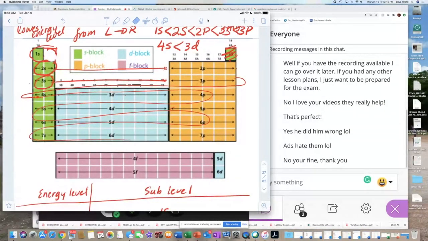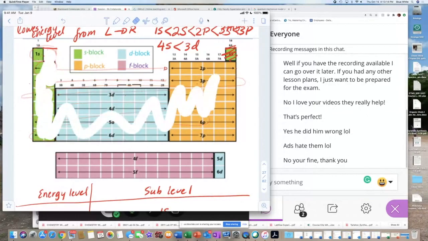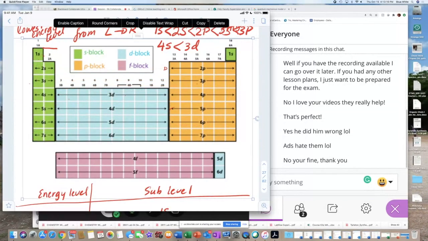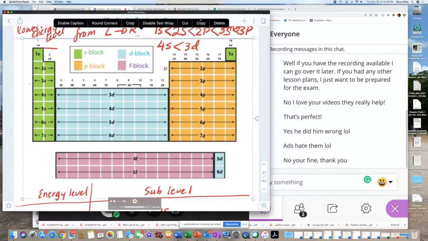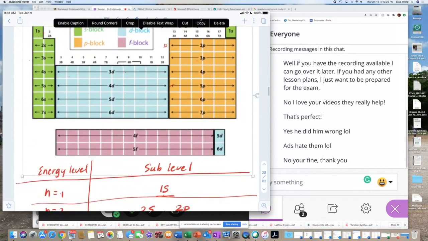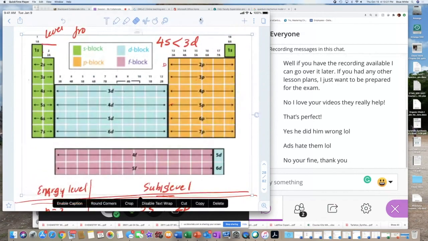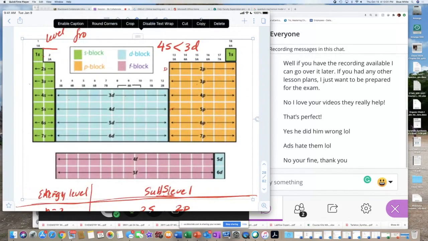I think I talked about this right here. I've already gone through and labeled all of this. Depending on the element you're working with, for the most part for you guys, I'll just tell you the electron, if you're going to use a periodic table like this, the element, let me see if I can write here.